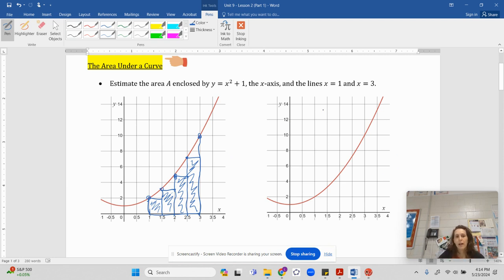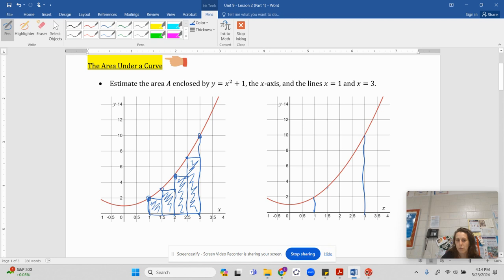So then usually in class, we say, okay, let's do the same thing over here, but make rectangles, still going from 1 to 3. But notice how on the left-hand side, I used the left-hand bound, where the left part of the rectangle intersected the curve, to make my rectangle.